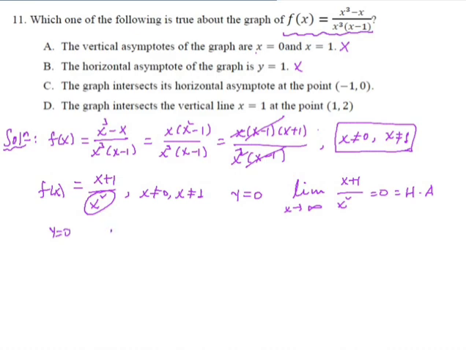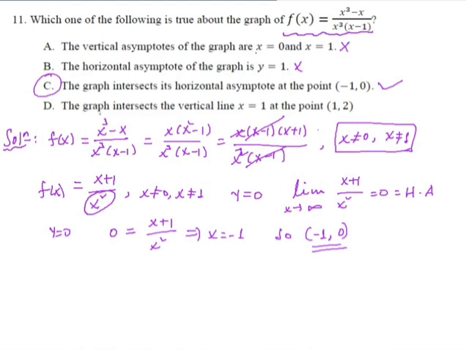The function becomes 0 whenever x plus 1 over x squared is 0. This implies x equals minus 1. So the horizontal asymptote crosses the function at minus 1 comma 0, which is a true statement about the graph. So we expect this to be the answer.